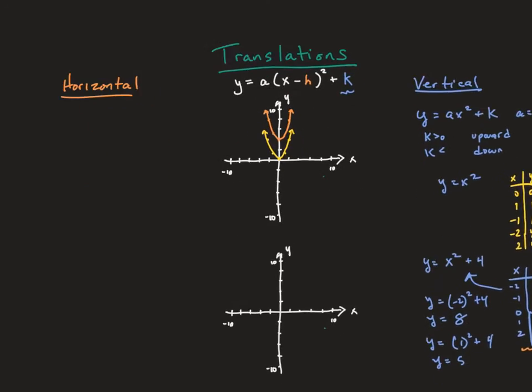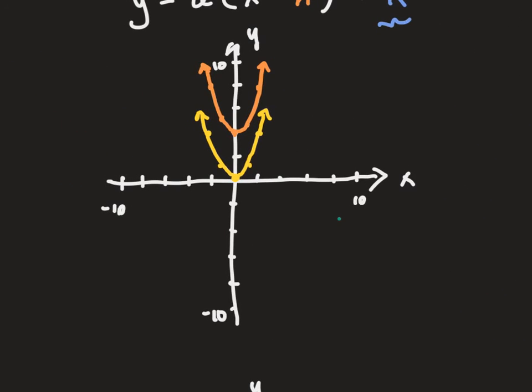So if we look at it closely, we had x squared plus 4, so we had this parent function, and we went up 4. It looks like all my points went up 4 because my y value is increased by that plus 4 that we were throwing in there.